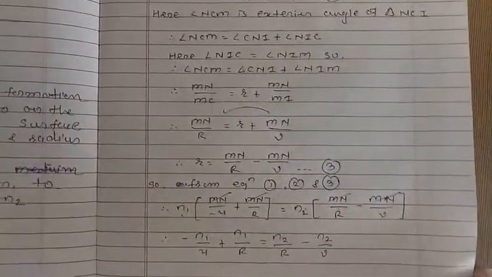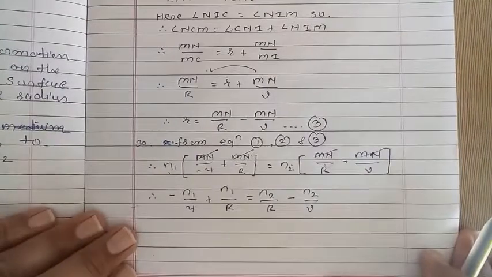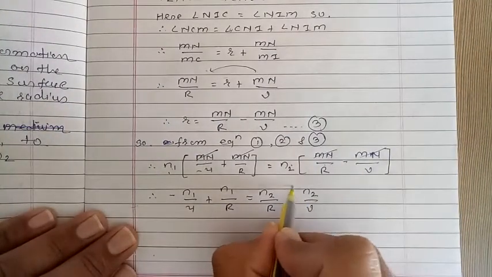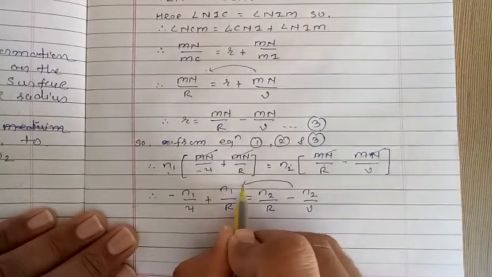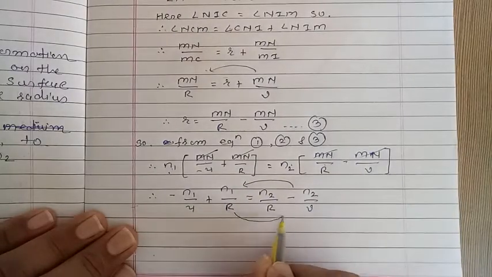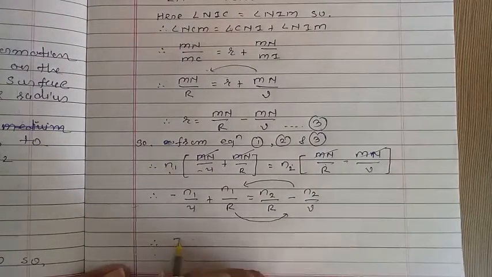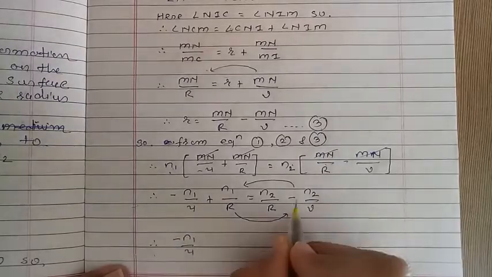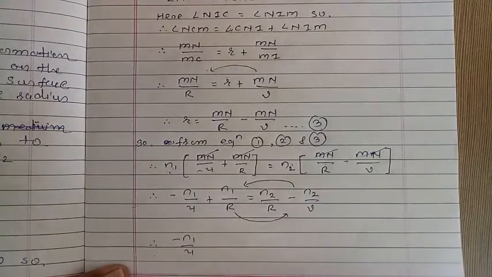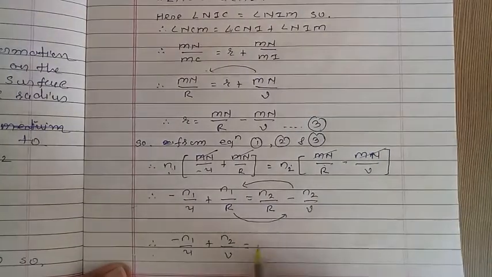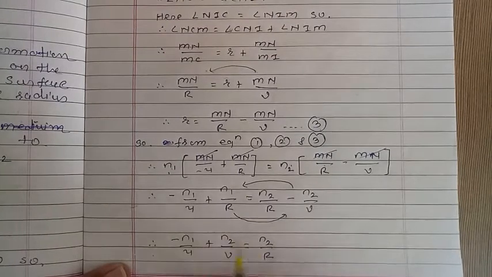So here we take minus N2 by V to the left hand side and this N1 by R to the right hand side. So we get minus N1 by U, plus N2 by V is equal to N2 by R, and this is plus.